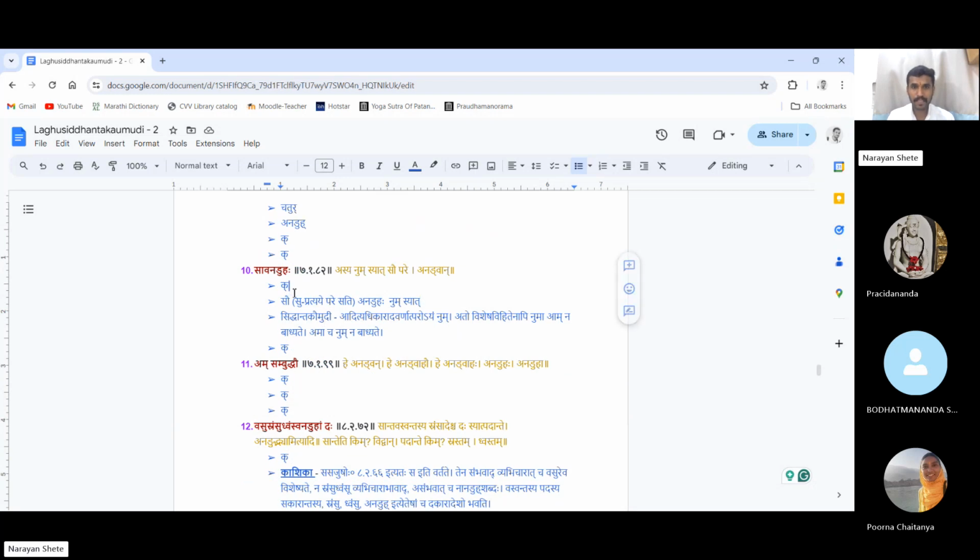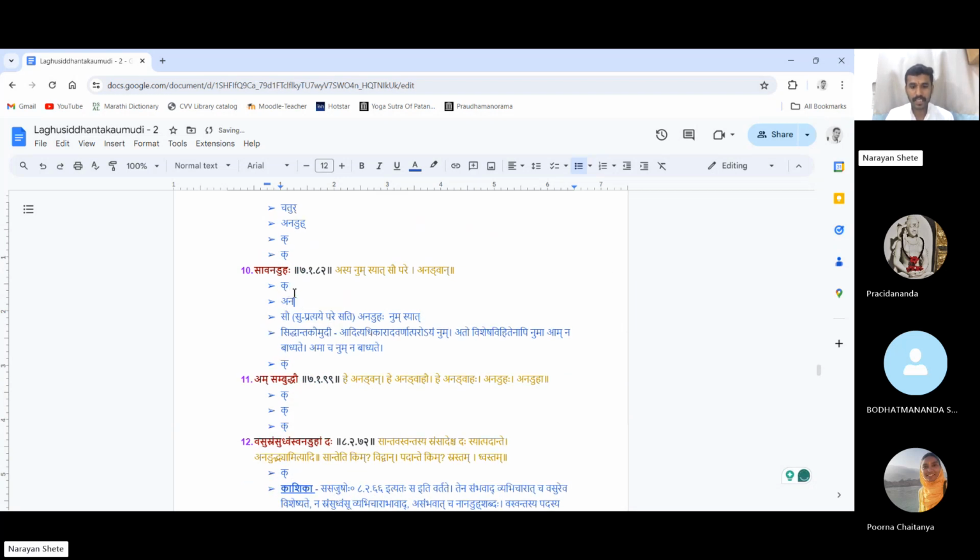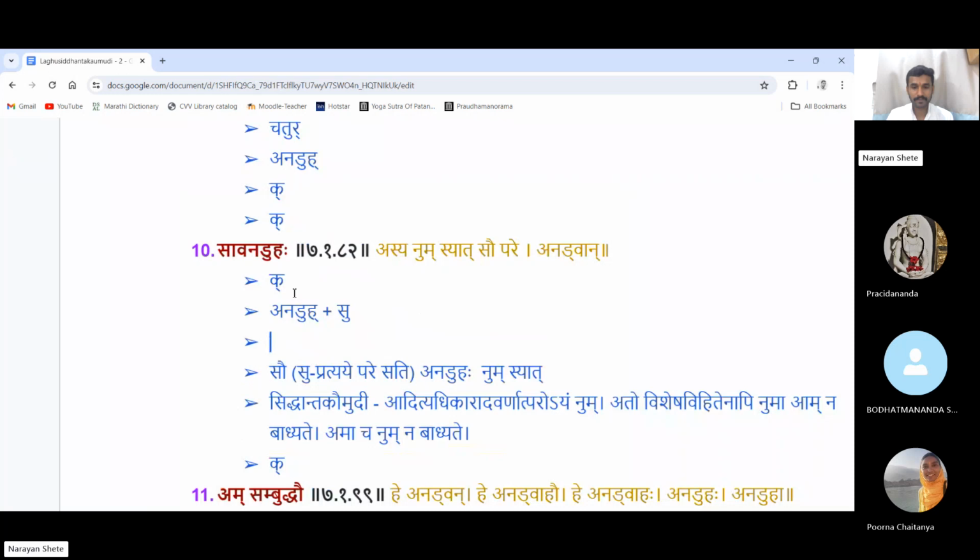Here it should go like anaduh su. In this situation, sau pare sati kim syat? Anadu num ha su. This should happen. Am was prapta, that was badhita, and just num should come.